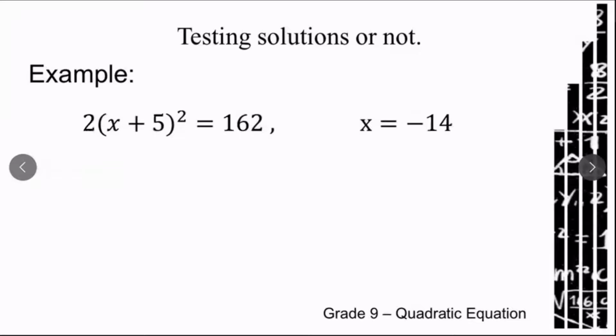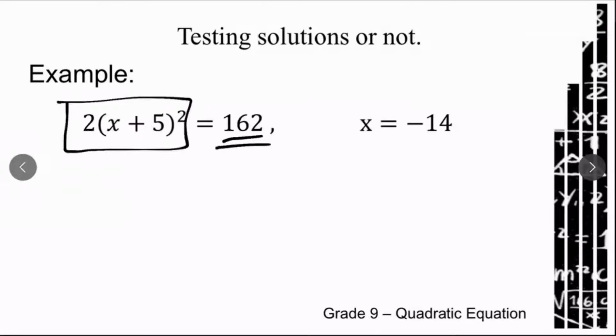And lastly, let us have our last example. This example is much more complicated and longer than the previous examples, so let us try it out. Ready? We have 2 multiplied by the quantity (x + 5)² = 162. Our goal is to make this equivalent to 162.